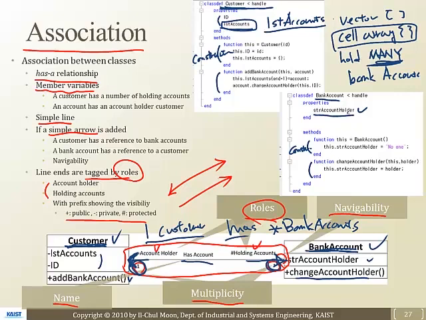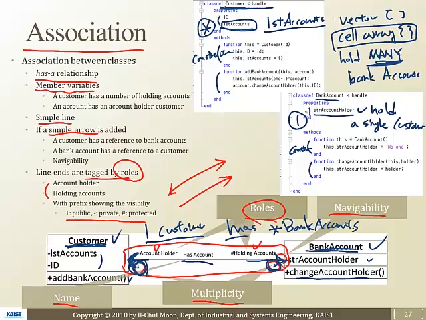So this string account holder will hold a single customer, right? As it specifies here, 1, right? So it's multiple and it's 1, right? And still, this bank account can access the customer by utilizing this string account holder property like this. All right?